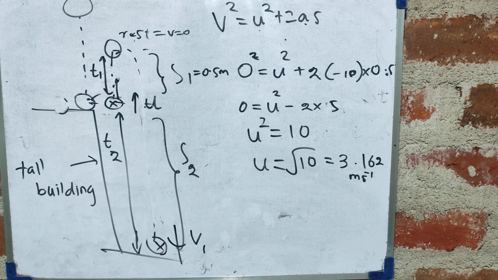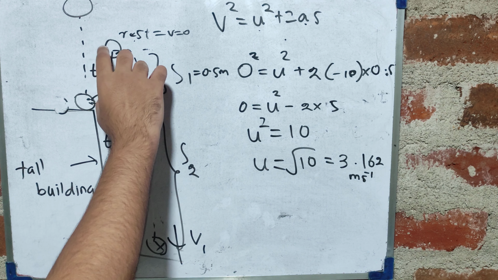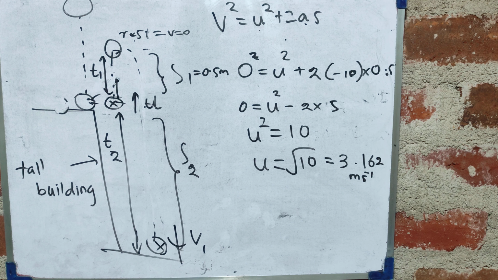Now I know t1 plus t2 is equal to 2 seconds. If I find out the time taken for this motion, then from here to here let me apply v is equal to u plus at. Final velocity is equal to 0.